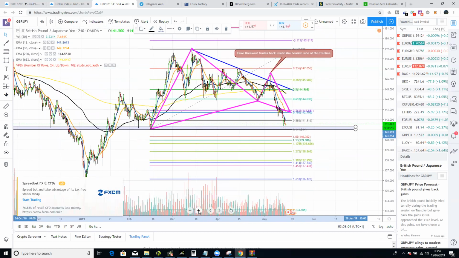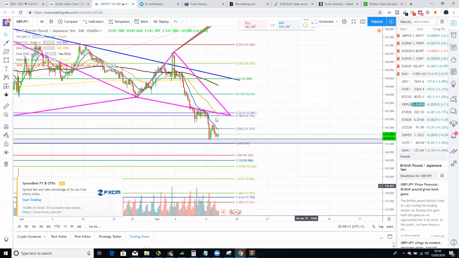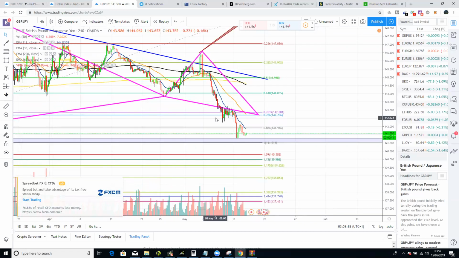So we might be seeing things turning around down here, not because of a harmonic pattern. Price just doesn't turn because of a harmonic pattern. Price turns because of imbalance in the amount of orders in the marketplace.